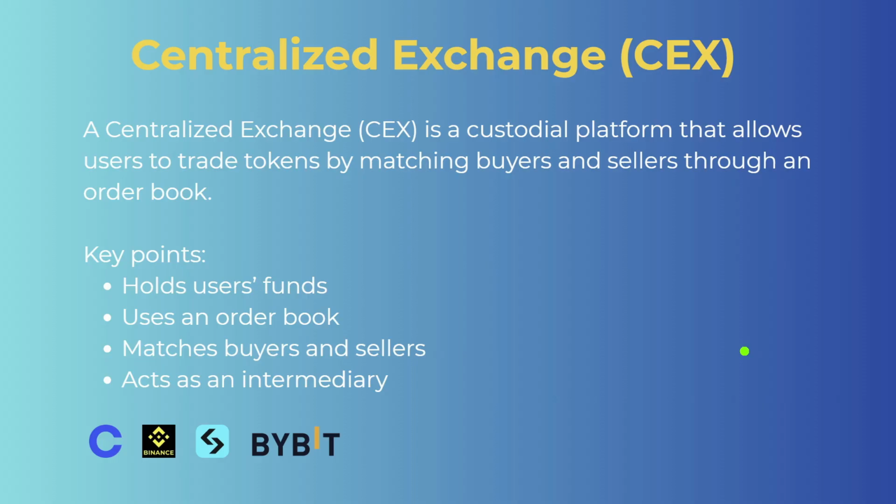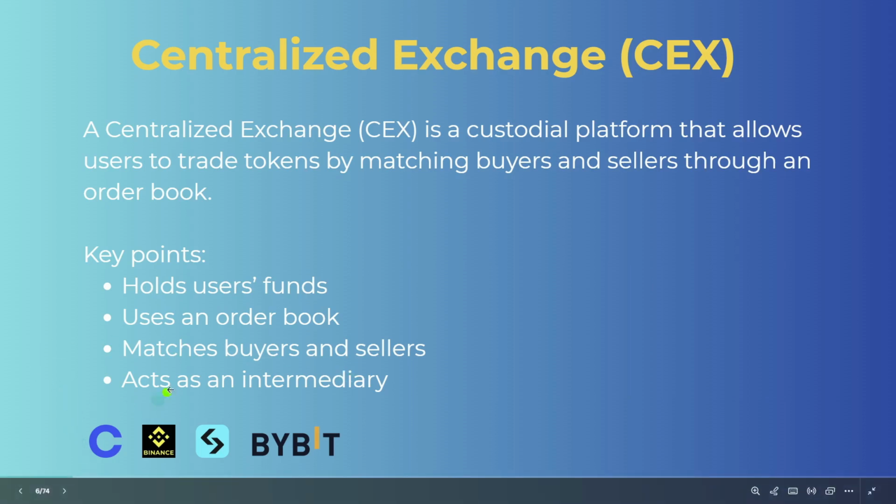The key points are that it holds the user funds, uses of course an order book, matches buyers and sellers, and acts as an intermediary. This word intermediary in Web3, in the crypto world, is not really the best word. Examples of centralized exchanges are Coinbase, Binance, BitGet, or Bybit. But there are, of course, a lot more.